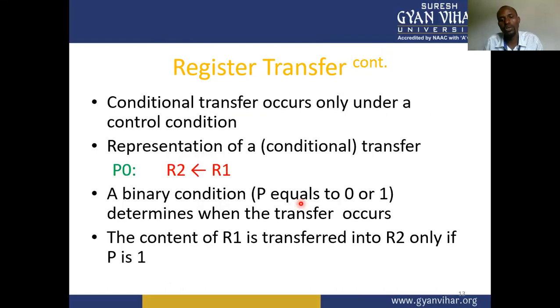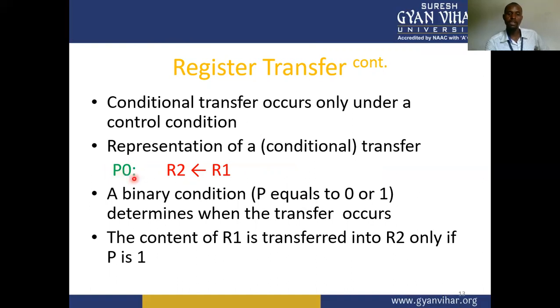Now, sometimes we do have conditional transfers. These are situations where we don't rely on clock cycles alone, and these conditional transfers can only occur when we have a control condition. What makes it different from the clock transfer we mentioned before? In the clock transfer diagram, there was no condition P0.